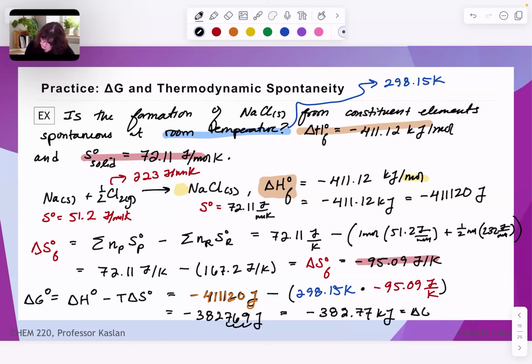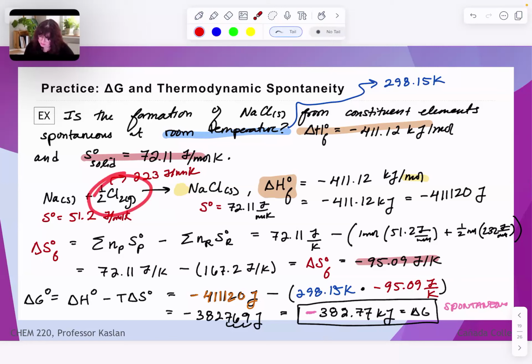That's what delta G is equal to. So if delta G here is negative, this means that we are spontaneous. So if I were to bring elemental chlorine gas into the presence of solid sodium at room temperature, these would spontaneously react to form solid sodium chloride.